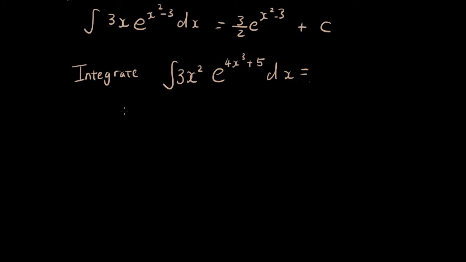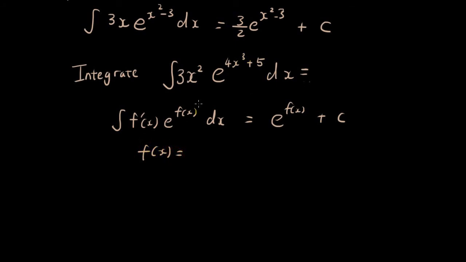Okay, so the formula is, if you integrate f dash of x times e to the power of f of x with respect to x, you will get e to the power of f of x plus c. So let's now try and do this by writing out what f of x is in our equation. In our equation, f of x is 4x cubed plus 5, so let's copy that down.